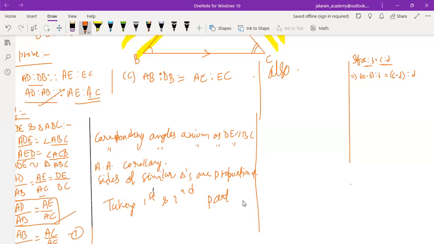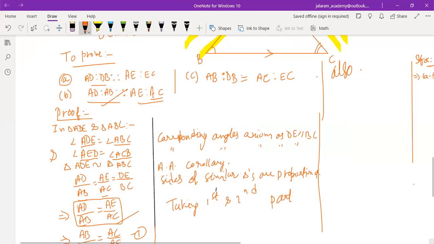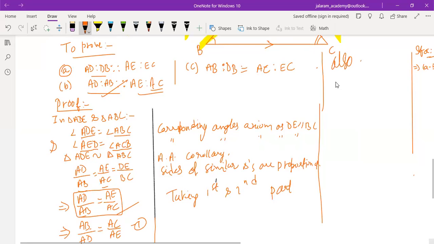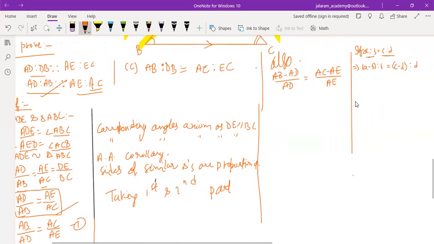So if we use this property, in place of A it has AB and in place of B it has AD. So we can write AB minus AD upon AD equals AC minus AE upon AE. Instead of subtracting one from both sides, if we use the properties of proportion, it will save some steps.